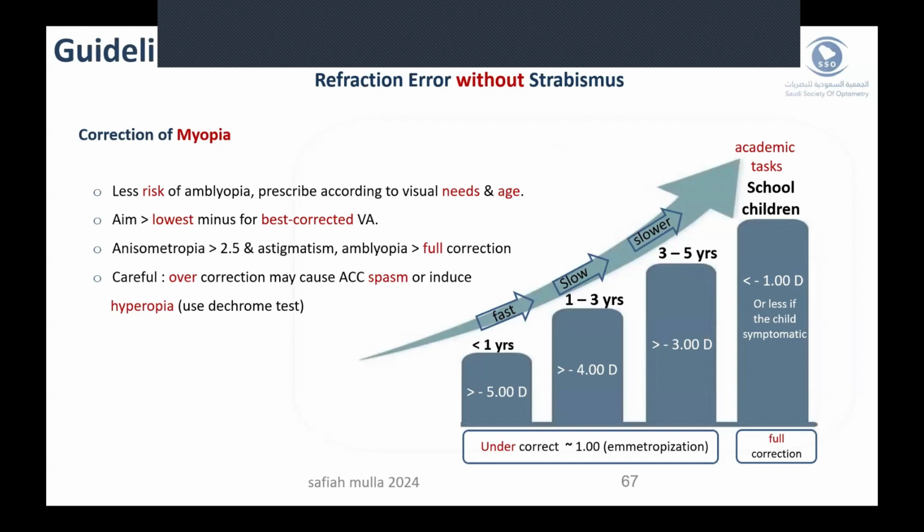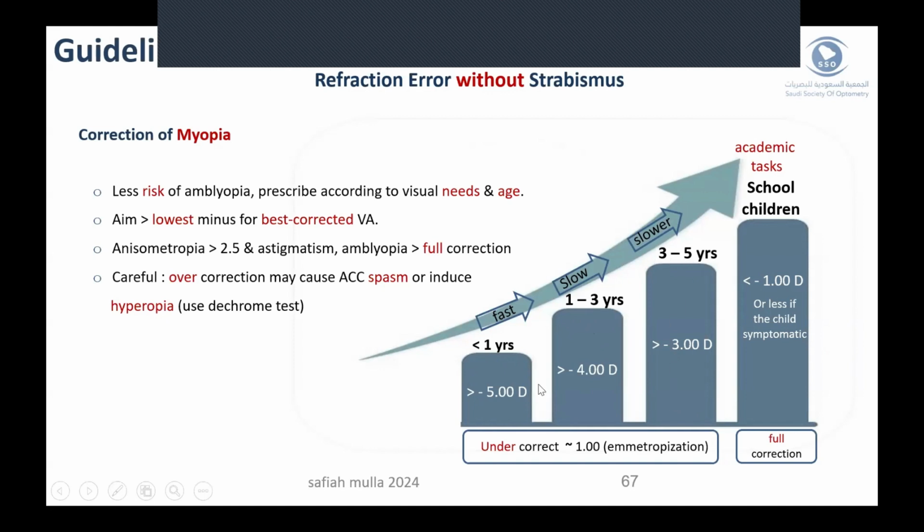Again, I put the chart here so you can see the amount of the refraction, the amount of the power that you can refract. If it's more than minus 5 diopter for less than 1 year, then you refract them and give them glasses. 1 to 3 years, minus 4 diopter or more, then you give the glasses or correct. If they are more than minus 3 diopter for 3 to 5 years, then you need to correct them.